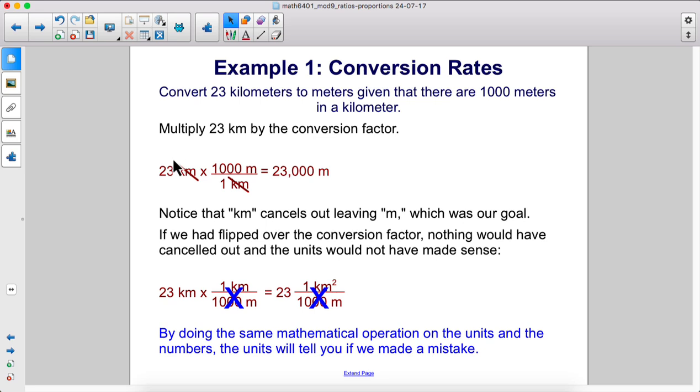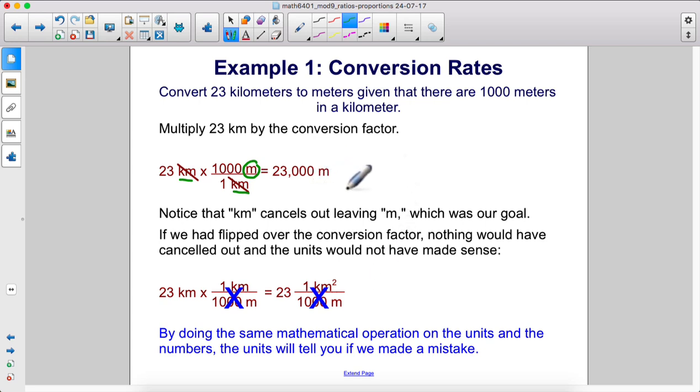Alright, so we're going to start with our number, 23 kilometers, right here, and we're going to multiply by the conversion factor. And you're going to make sure that if you have kilometers here, the kilometers has to be on the bottom of that fraction here, so that they cancel out, which is our goal, leaving behind units of just meters. If we had flipped the conversion factor the other way around, nothing would have canceled out and the units just wouldn't have made any sense.